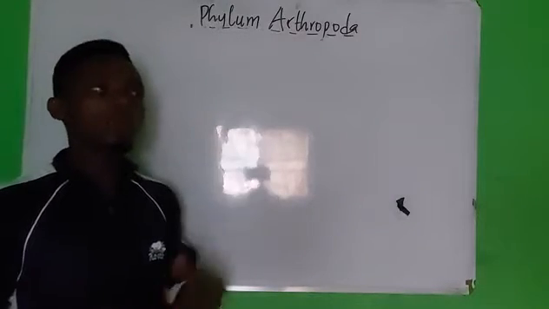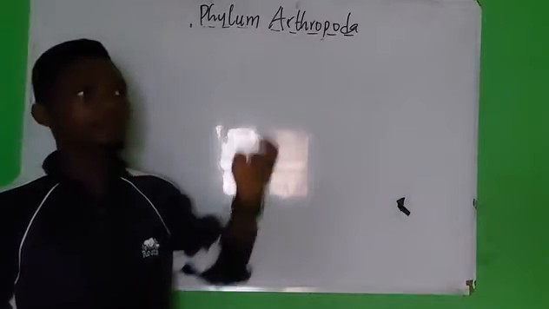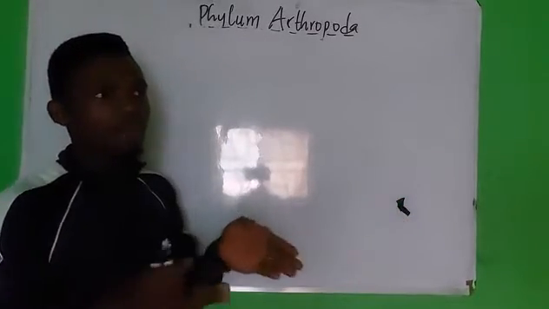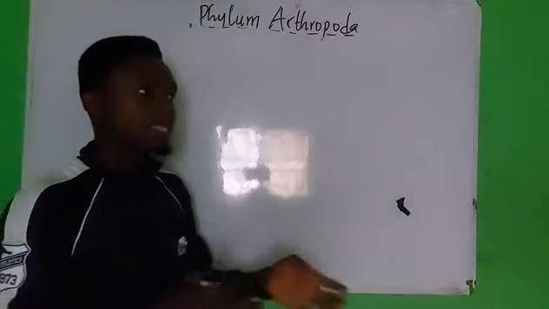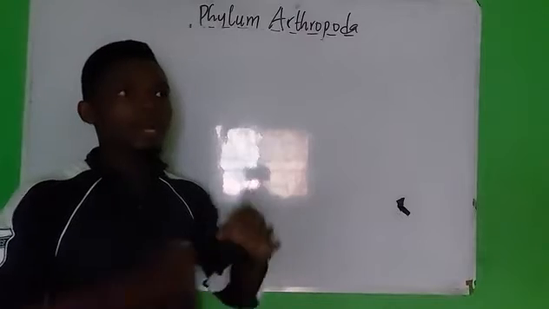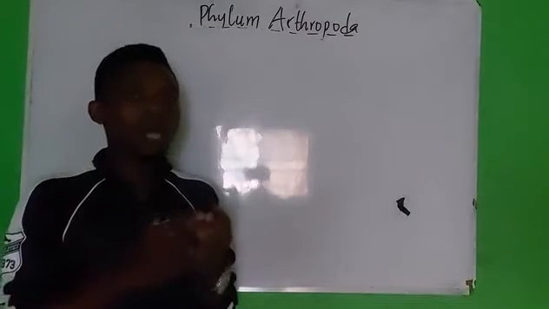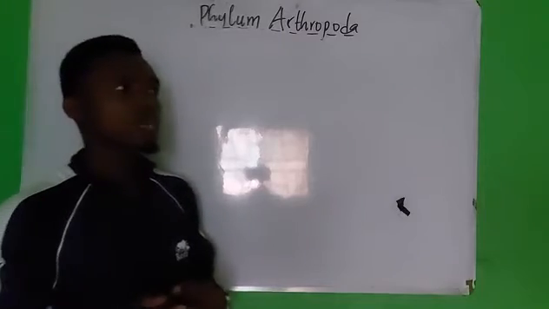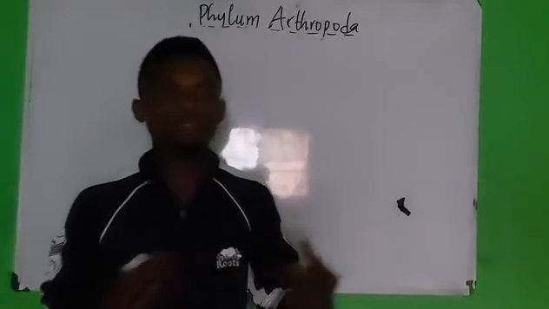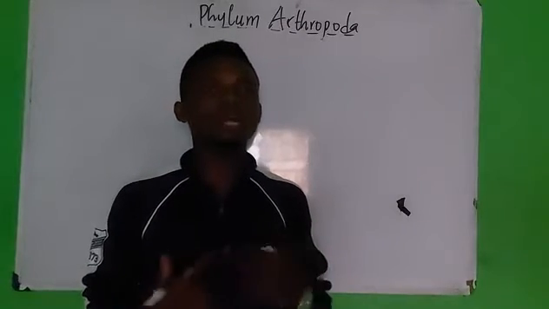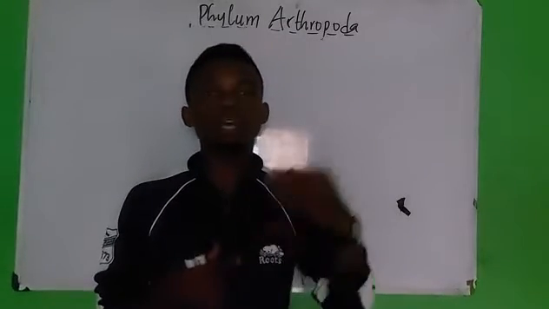Then under the Kingdom Animalia, we now have Vertebrata and Invertebrata. Vertebrata contains organisms with backbones, so they are called vertebrates, while the ones without backbones are called invertebrates. The invertebrates are now classified into other phyla.